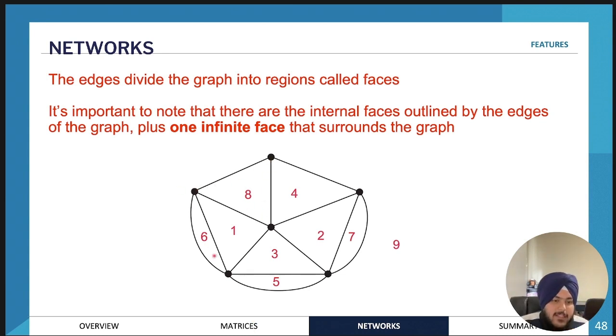And the number of faces in this diagram, just looking inside, would be 1 here, 2, 3, 4, 5, 6, 7, and then 8. And then we also consider the region outside. So for example, this is the region outside, a face in itself. So that would be 9 faces in total. So very straightforward. We're just counting the number of regions that are chunked off by the vertices and edges.